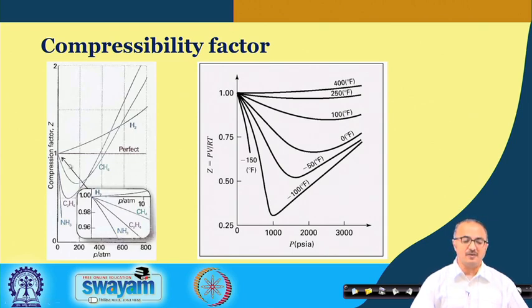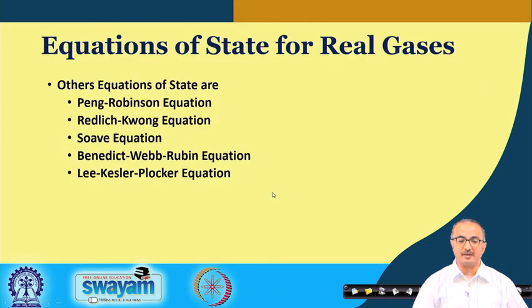And here you can see for different types of gases the variation of Z with pressure is different, and you can see that as we increase the pressure, the gas becomes more and more non-ideal. And in this particular figure again you see that here we have plotted Z versus the pressure, but at different temperatures, and you can here see again that as the temperature rises, the gas moves more and more towards ideality. The lower the temperature, the more the deviation from ideality.